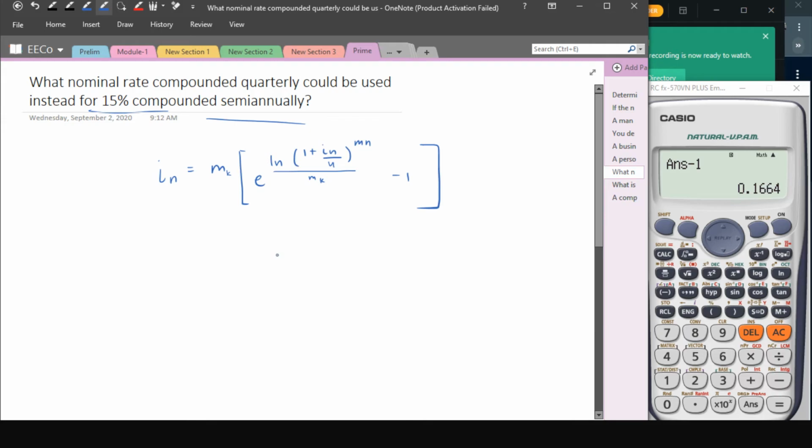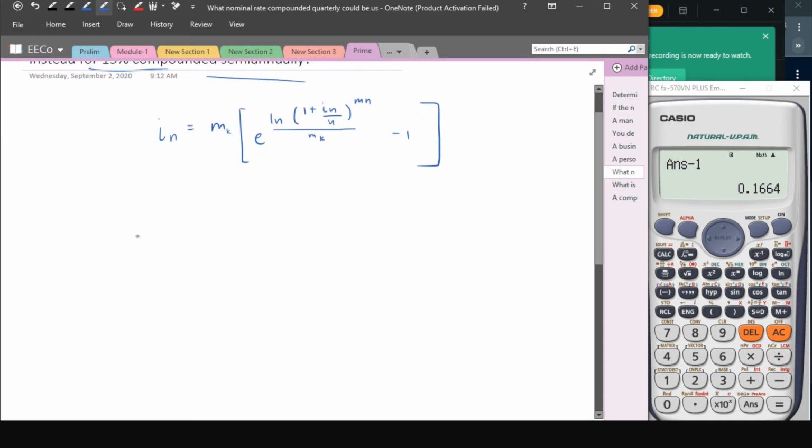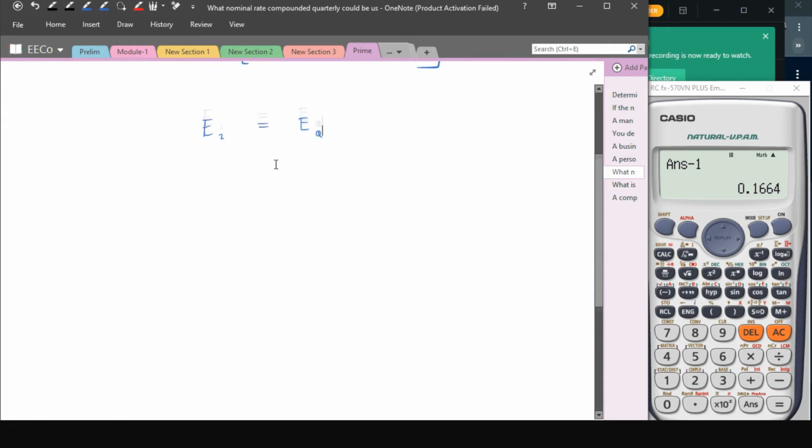Sir, solve natin ang long method. Pwede naman. Sige, guide through. I'll guide you through. Okay. So, effective rate nung semi-annual equal to effective nung quarter. Check nyo dyan. Quarter, semi-annual.